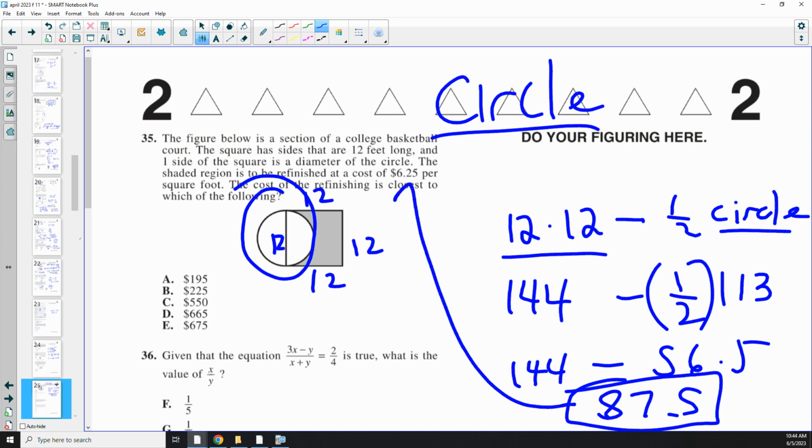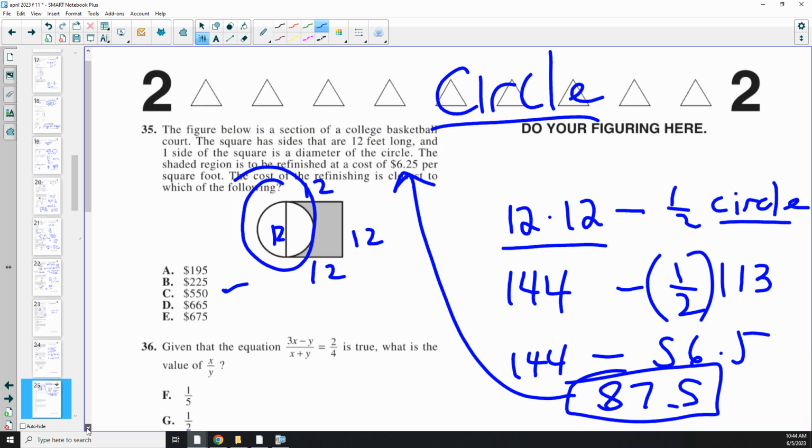And of course, then you've got to look at cost. It costs $6.25 per square foot, and I get an answer of 546, which is going to round to C on my calculator.